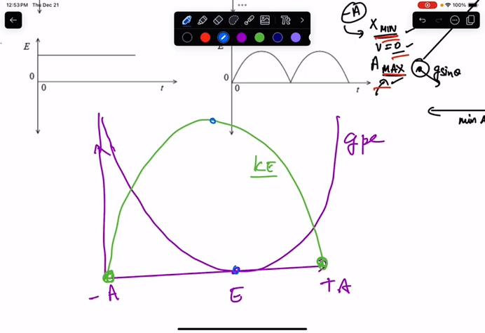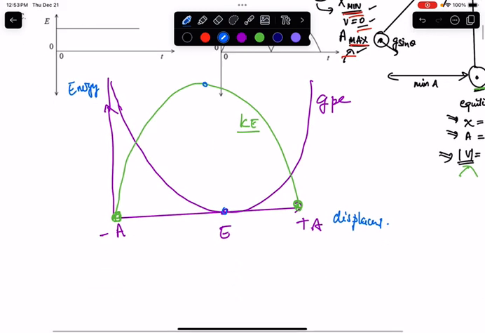Okay, and if you look at the x and y axes for the graph, then on the y axis you've got energy, and on the x axis you just have displacement. Okay, now the total energy in a simple harmonic motion based system is just your kinetic energy plus potential energy.